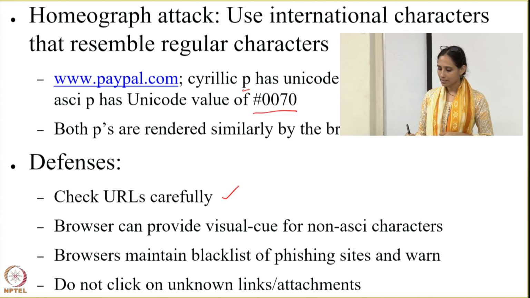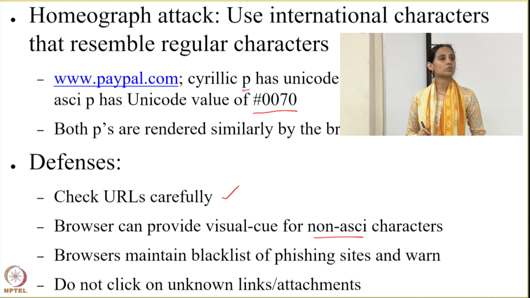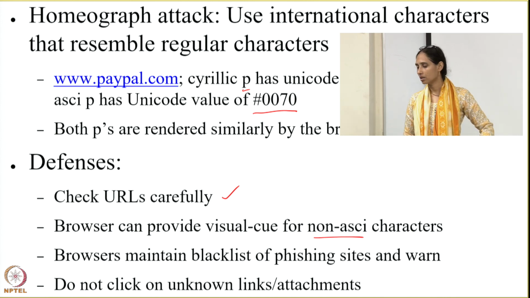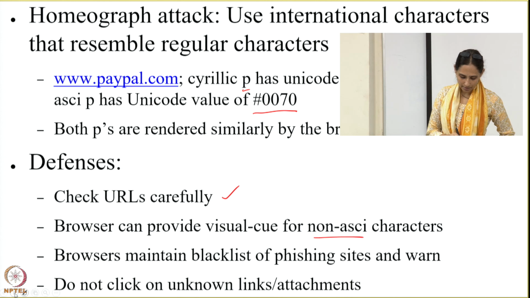For non-ASCII characters the browsers will help, and oftentimes the browsers also maintain a list of such phishing sites and will warn you. You must have seen sometimes when you browse, it will say this site appears suspicious, go away, some such warning from the browser itself. So, this is the way you are going to handle these types of attacks.